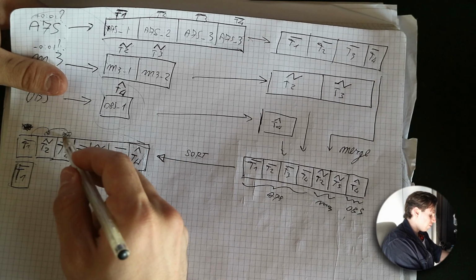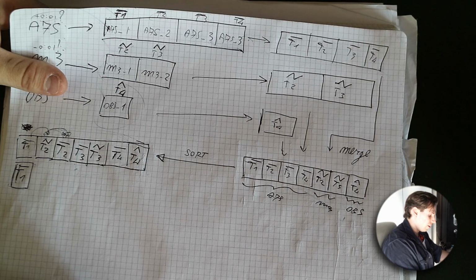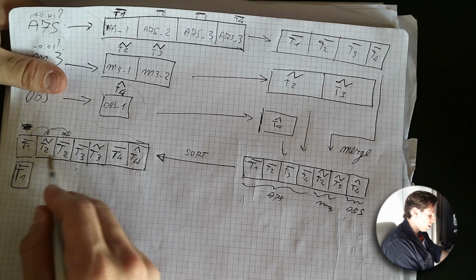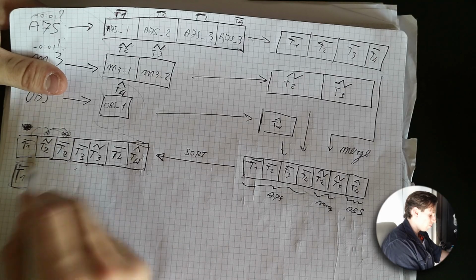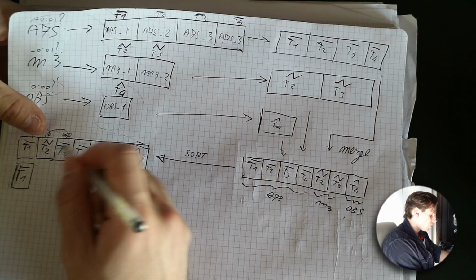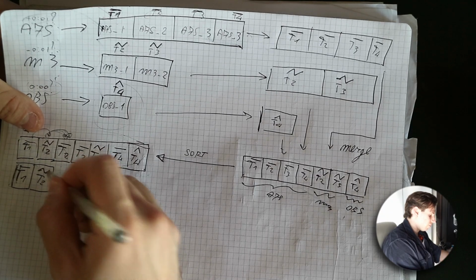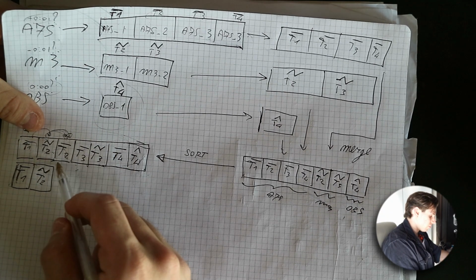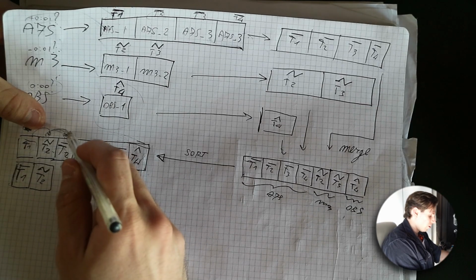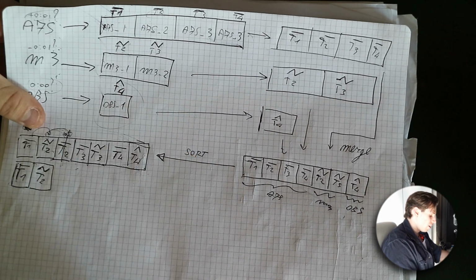This one has the adjacent one similar. They are both T2, but they are similar. So yes, delete the adjacent one. I don't have this one anymore because it is deleted. I have T3.